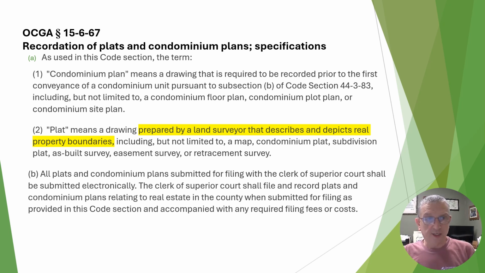So such a plat includes, but is not limited to, a map, condominium plat, subdivision plat, as-built survey, easement survey, or retracement survey. And again, including but not limited to. So you'll see this phrase again later, but describes and depicts real property boundaries. That's important. That will come back to us.